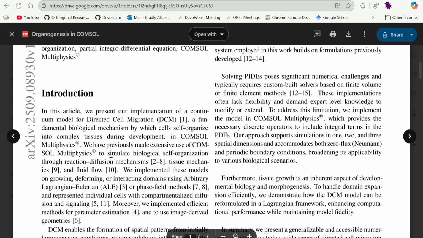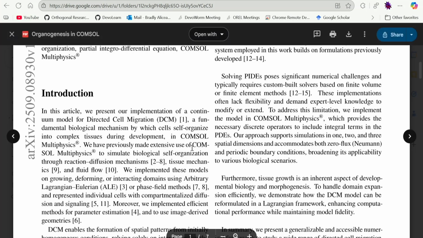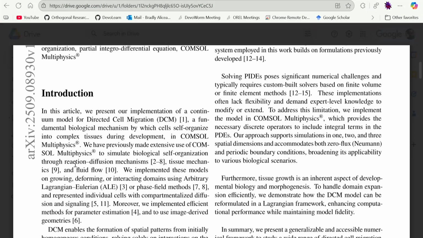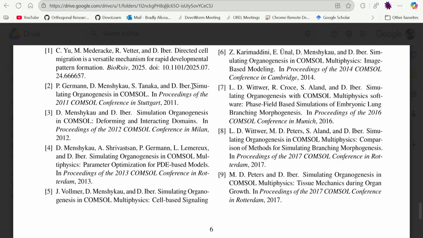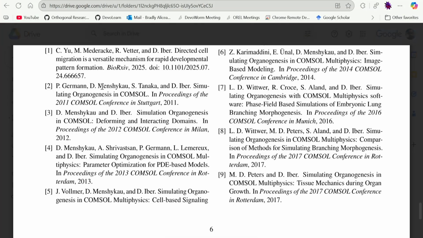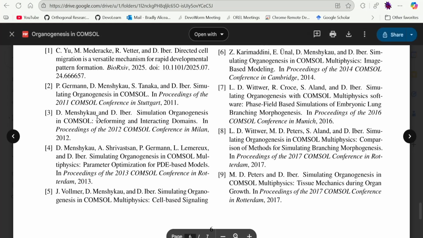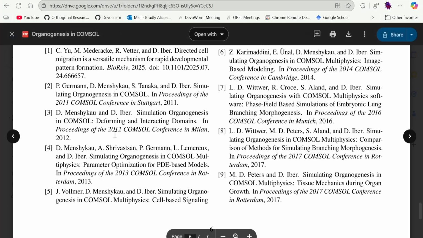But they actually did another set of papers where they used COMSOL Multiphysics to simulate biological self-organization through reaction diffusion mechanisms. These are citations 2 through 8. The first one is simulating organogenesis in COMSOL. Then there's a conference proceeding, simulating organogenesis in COMSOL, deforming and interacting domains. That's another conference proceeding. This is all COMSOL conference.